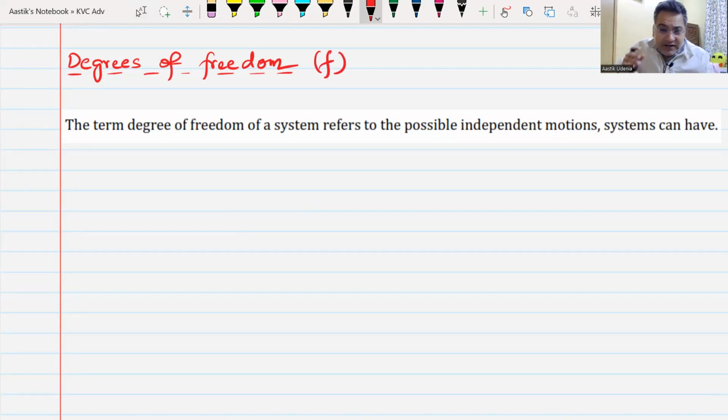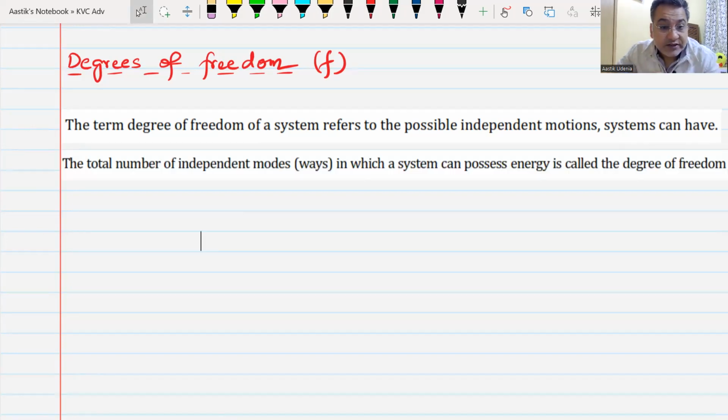The number of different ways in which a molecule can process energy or can have independent motion is known as the degrees of freedom. We can also write it this way: the total number of independent modes in which a gas molecule can possess energy is known as its degrees of freedom. Do we understand this?